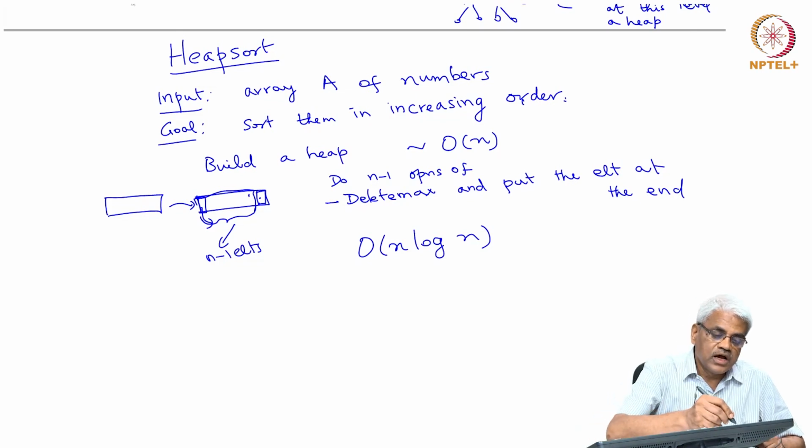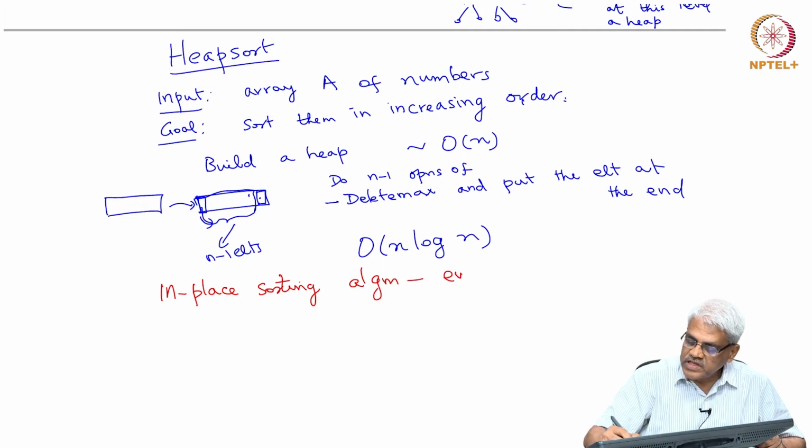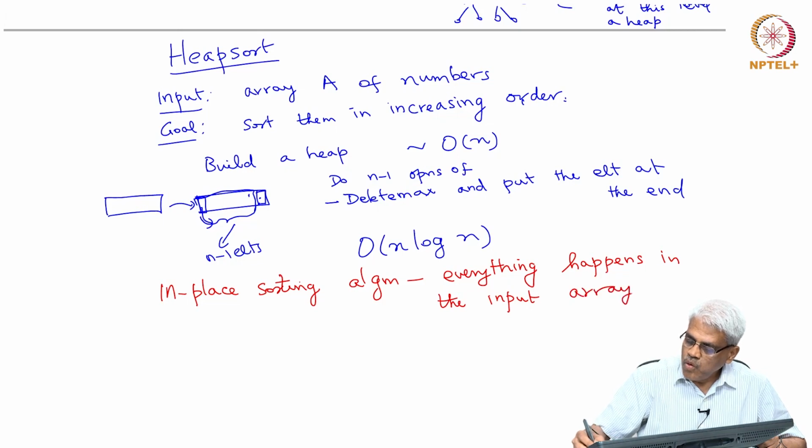And notice, I want to make sure that it's an in place sorting algorithm. It means that everything happens in the input array, with a constant number of extra space, some variables.